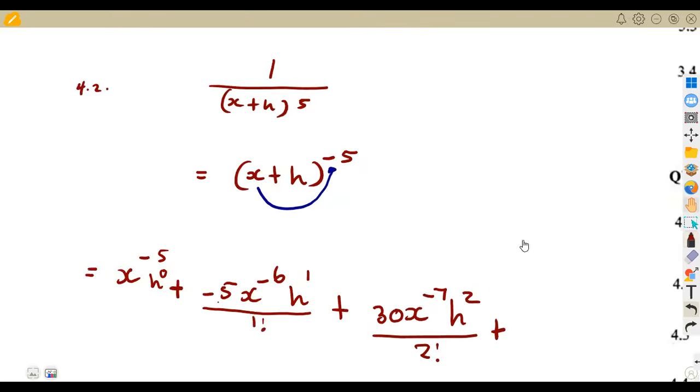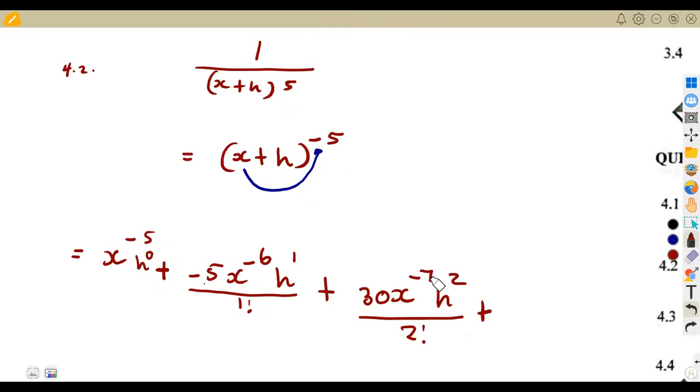On x, we find the derivative: 30 times -7 gives us -210. We subtract 1 on the exponent, so it's x to the exponent of -8. H is increasing, so it's now to the exponent of 3 over 3 factorial. Guys, this is not going to finish because it carries a negative exponent.